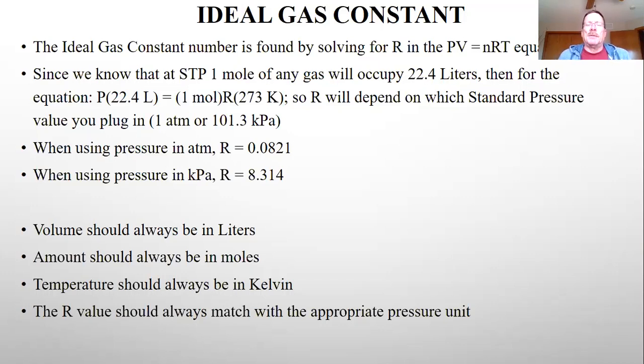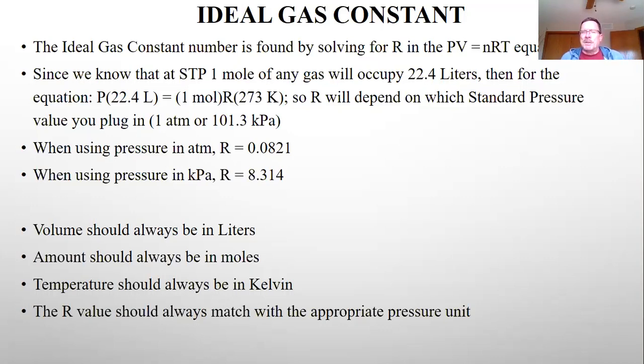Okay. But you'll use that number to plug in for R, either one depending on what the pressure value is. And then again, I put down at the bottom, your volume will always be in liters. Amount will always be in moles, not grams, kilograms, anything else, always in moles. Temperature, always in Kelvin. And then you match the R to the appropriate pressure.